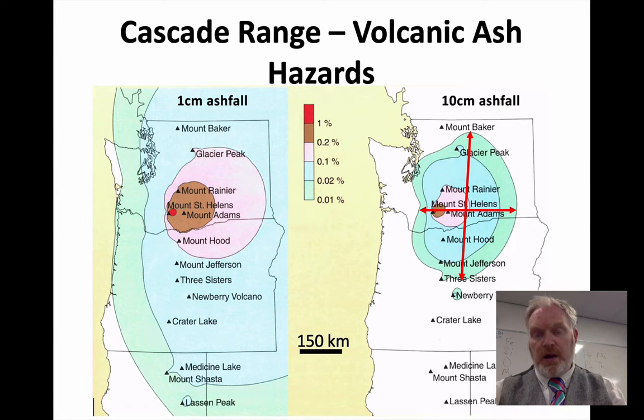We have, here I've shown diameters of different lengths. If we measure these diameters and work out the average diameter of this, and from that then the radius of the circle that would be equivalent to this, we can then work out the area that's covered by this 10 centimetre ashfall.